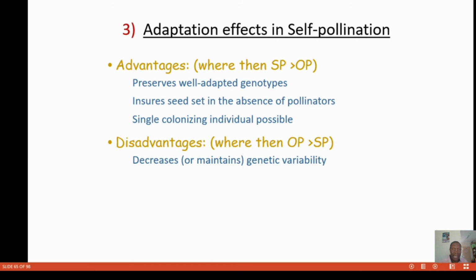Disadvantages is that there is a decreased genetic variability because every time we are heading toward homozygosity. Remember, in your genetics, when we cross parents, we get an F1 hybrid, is heterozygous. And if we keep on selfing it, we are getting homozygosity increasing as we go further down. That is very important for you.